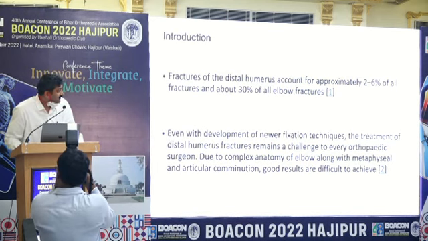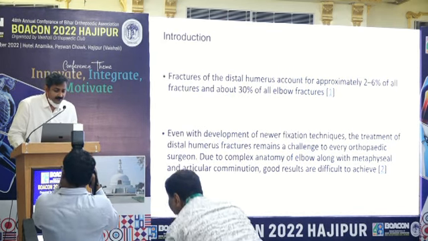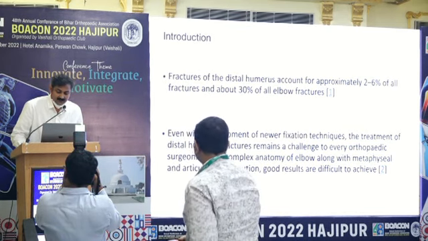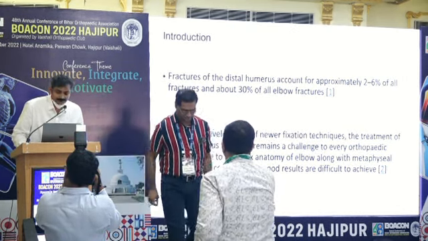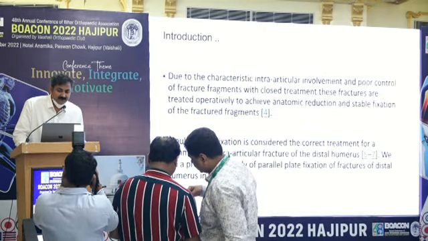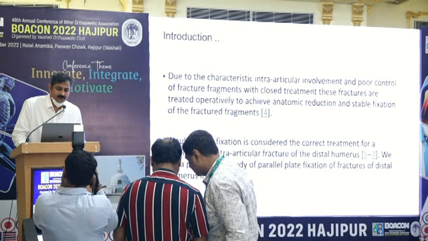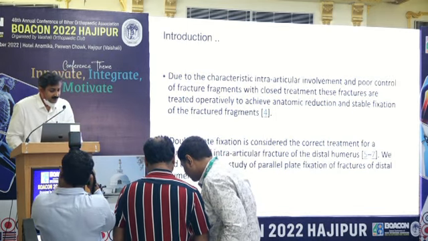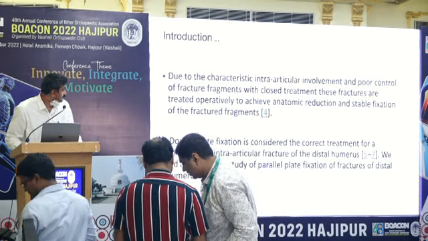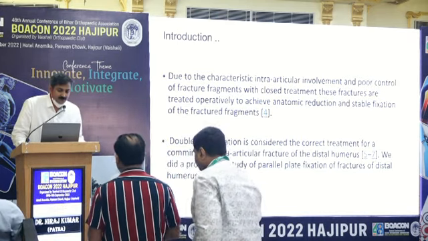This is because of the complex distal humerus anatomy, the metaphyseal and articular combination, and it's difficult to achieve good results due to the characteristic intra-articular involvement and poor control of the fracture fragments with closed treatment. These fractures are treated operatively to achieve anatomical reduction and stable fixation of the fracture fragments.